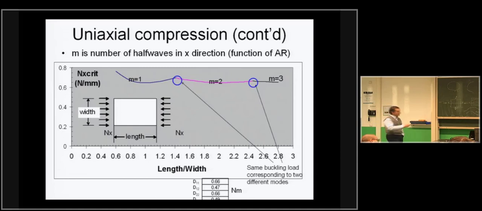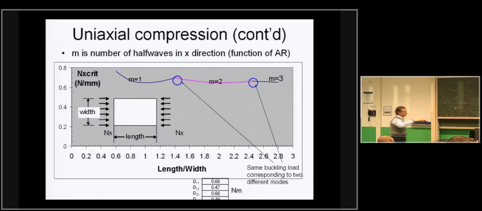Given this D matrix, if my aspect ratio is less than this value of around 1.2, 1.4, then I buckle with M equals 1, which means I have only one half wave in that direction. Otherwise, if my aspect ratio is between this 1.4 and 2.6 or so, it buckles at M equals 2 with 2 half waves, and so on.